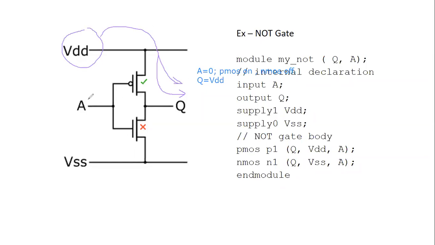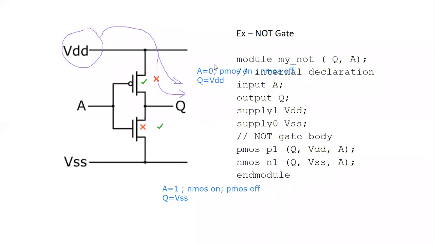Similarly, when A is equal to 1, NMOS is on and PMOS will be off. The top transistor is the PMOS and the bottom is the NMOS. Since PMOS is off, output will be equal to VSS. So when A is equal to 1, this will be working and this will not work.